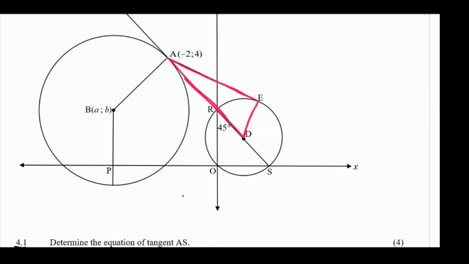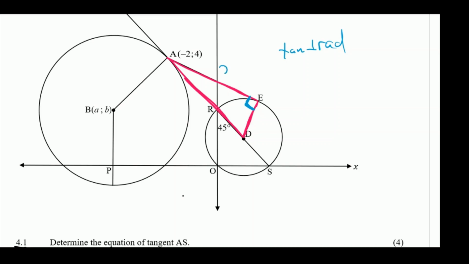What you need to note is that this triangle I just drew has a right angle here, because a tangent is perpendicular to the radius.